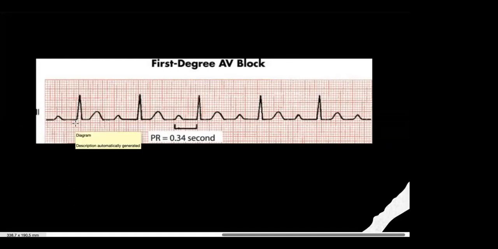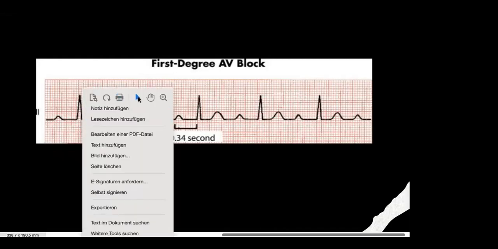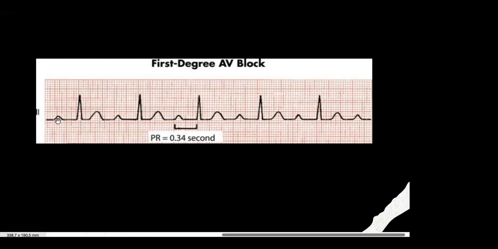If we go by our formula, we said before that 1 small square equates to 40 milliseconds. If you look at the time between the onset of the P wave to the onset of the ventricle complex, we basically have around 7 to 8 small squares, if I counted correctly.